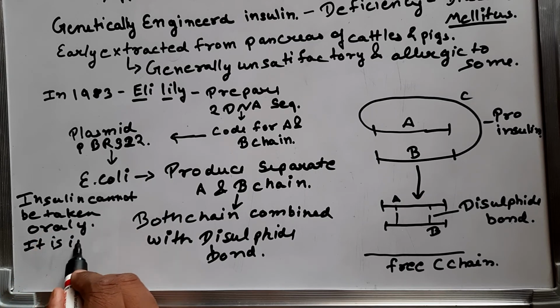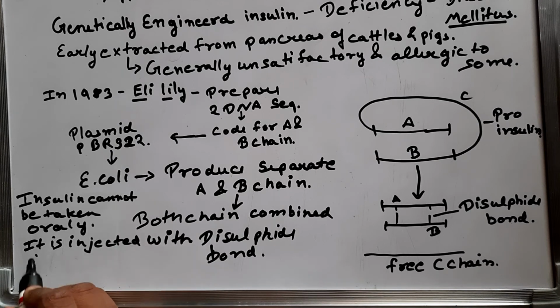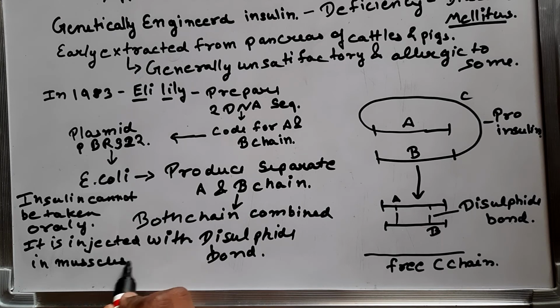To get insulin inside our body, we have to inject it into our muscles, so that a little amount of insulin is secreted every time in our body, so that our sugar level is maintained. If we directly inject too much insulin in our body, this will decrease the sugar level in our body, which is dangerous for us. So these are the properties of insulin.